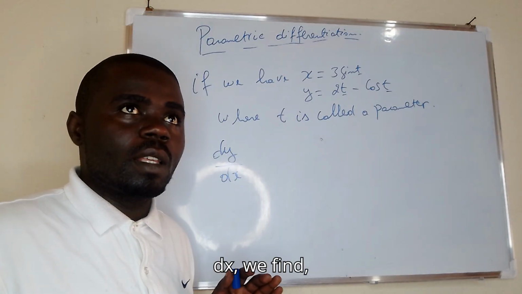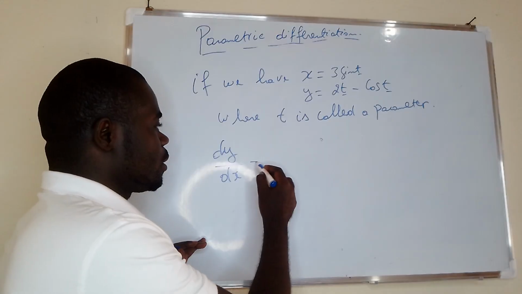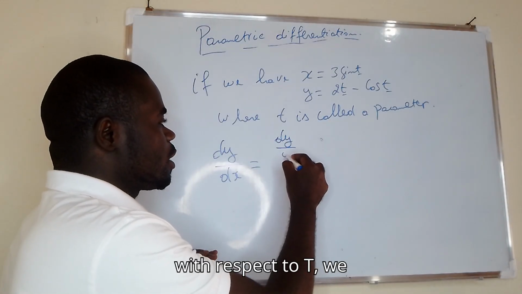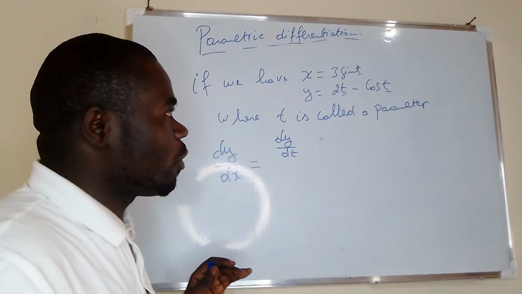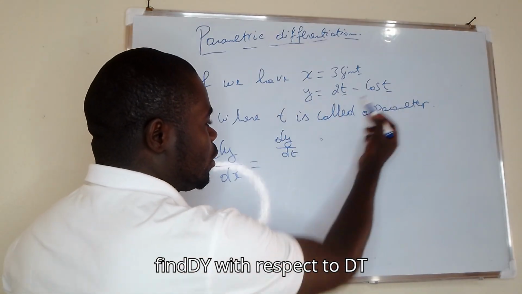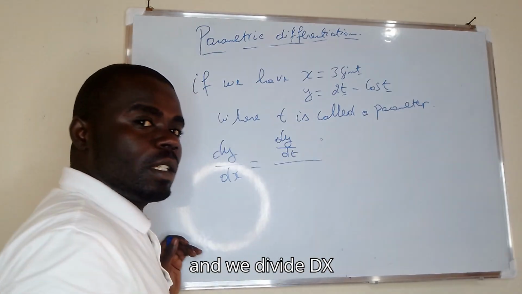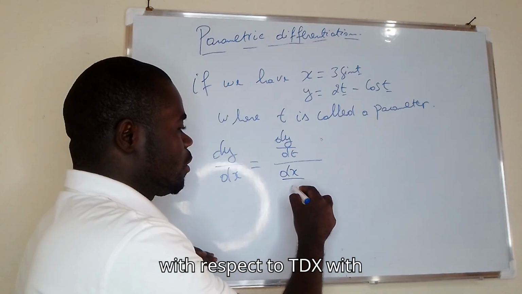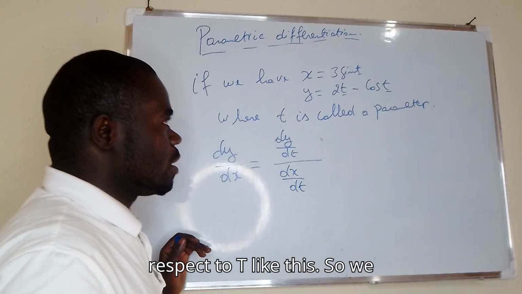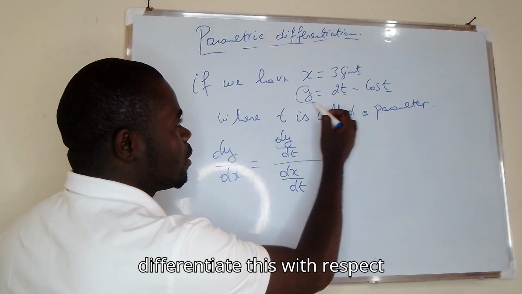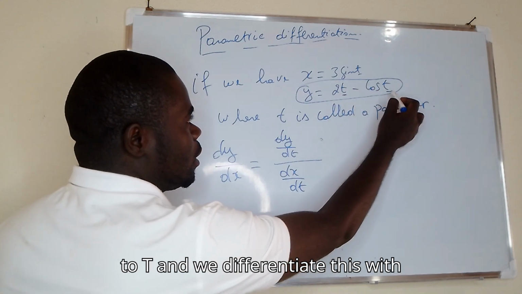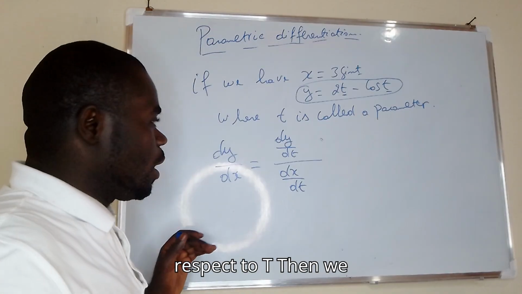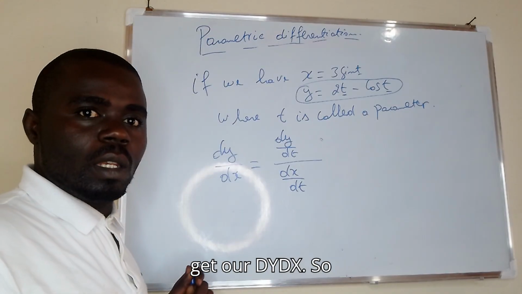Normally this dy/dx is equal to dy with respect to t divided by dx with respect to t. So we differentiate this with respect to t, and we differentiate this with respect to t. Then we get our dy/dx.